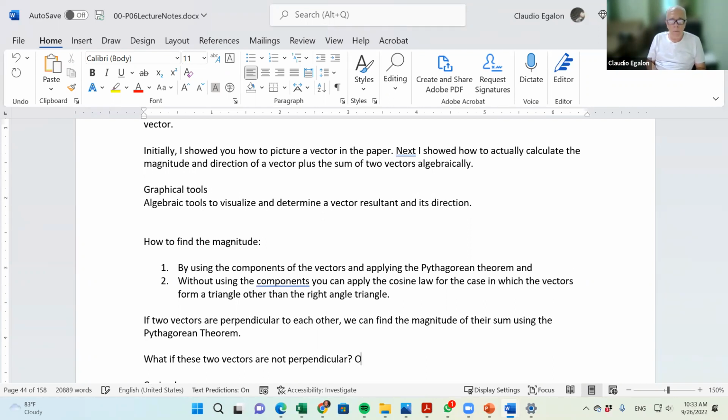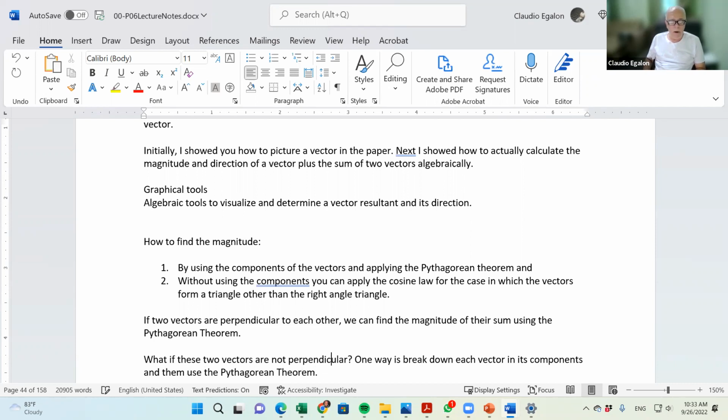Well, one way is to break down each vector into its components and then use the Pythagorean theorem. That's one way.